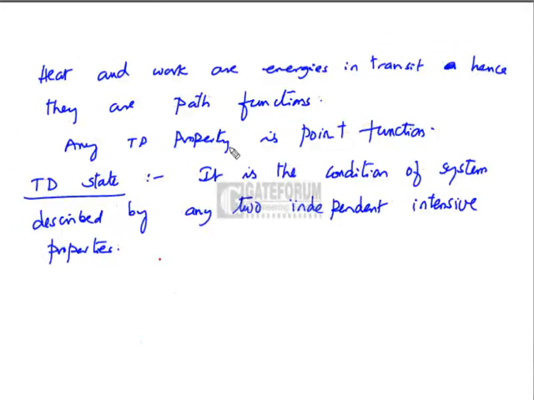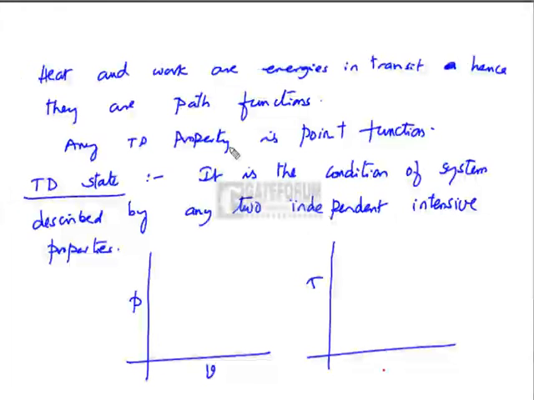On a thermodynamic plane like pressure-volume or temperature-entropy, the thermodynamic state is indicated by a point. The state of a system is indicated by a point on any thermodynamic plane like the PV plane, TS plane, or PH plane, etc.